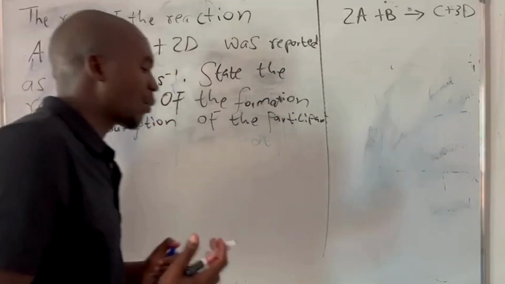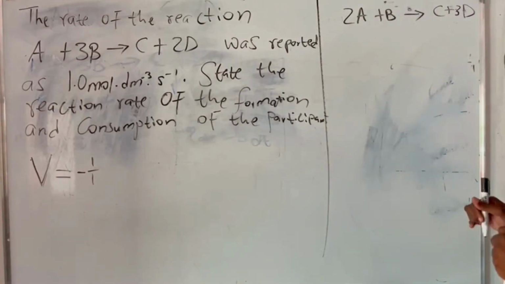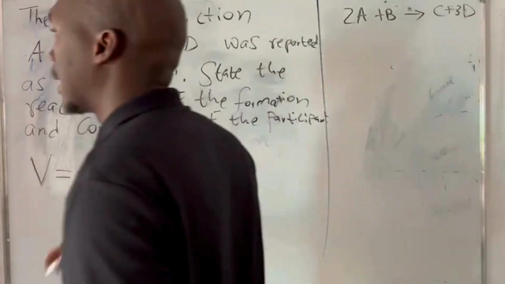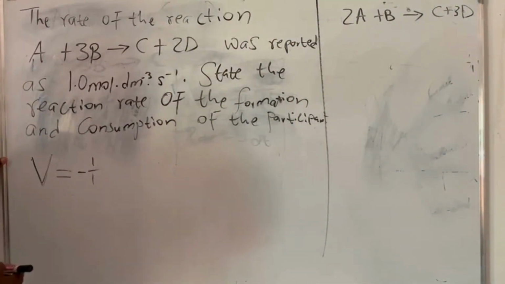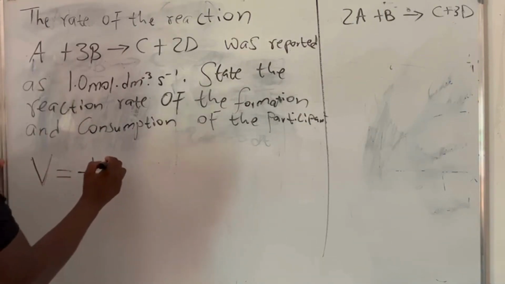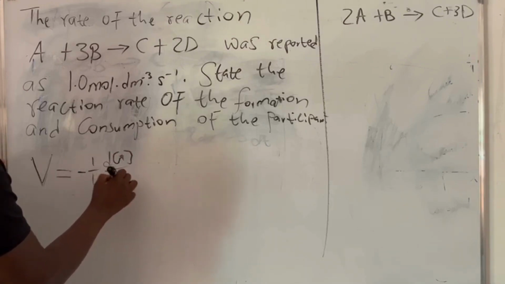If we use the language of consumption and formation, sometimes there is no need to include the negative and the positive, because it just indicates consumption, and the one for formation should be positive. So it should be 1/1 with respect to A, dA over dt.